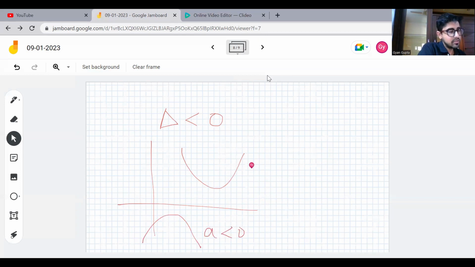This is when a is greater than 0. Observe in this graph that the graph does not cut the x-axis. That means there is no real value of x for which y is 0. No real roots exist.